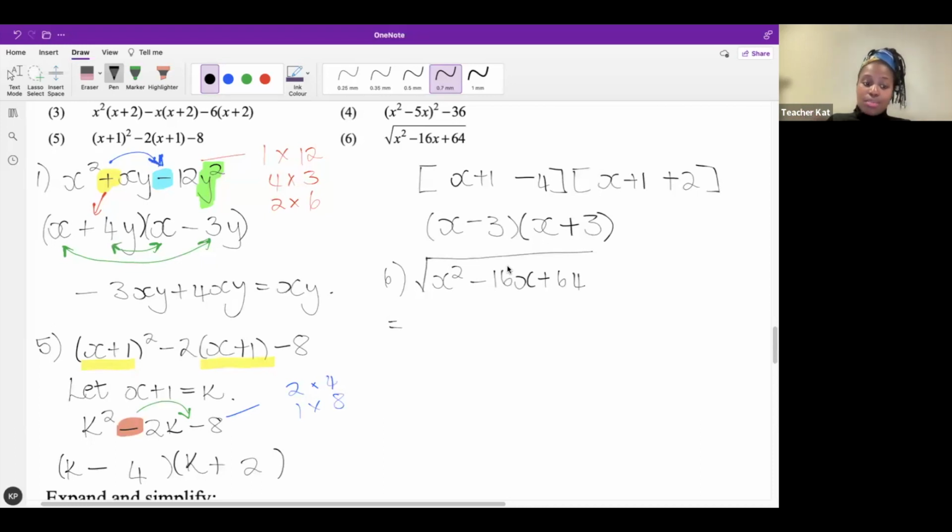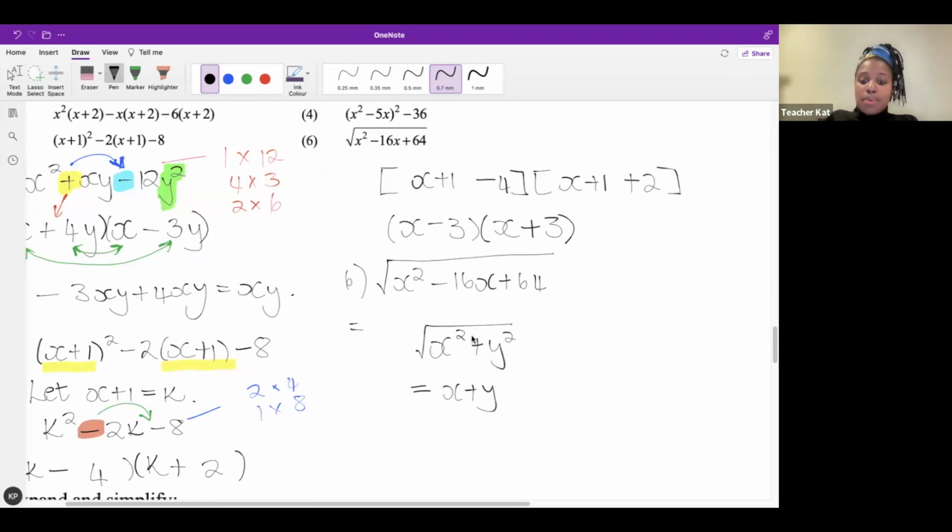No. Why can't I split my square root, guys? Think of our rules when we did exponents. If I have x squared plus y squared, all square rooted, is the answer x plus y? Is my question.